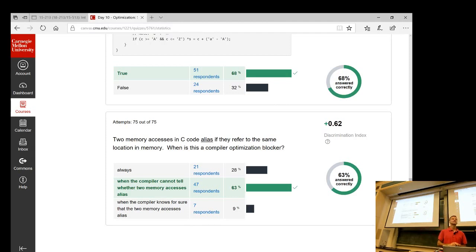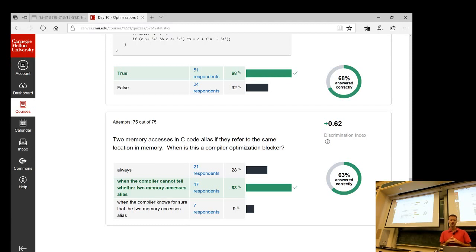So what makes aliasing hard is not the case where the compiler can tell that they always alias. It's really when it doesn't know. There are many cases in your program where the compiler knows full well that these two things refer to the same thing. And if it knows that, for instance, they always do, then it's able to act accordingly. It's not fooled at all.